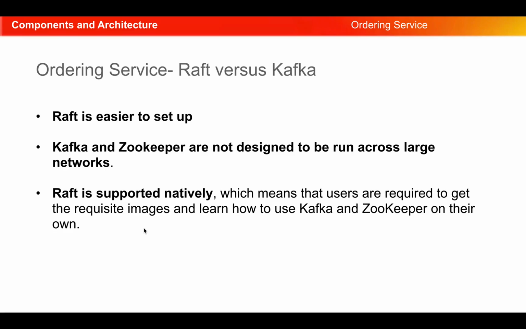You also get the image of that when you download the Hyperledger Fabric supported images. So if you want to set up Kafka and Zookeeper, you have to learn it on your own. It doesn't come with the images from 2.0 because it is going to be deprecated. Solo and Kafka are going to be deprecated from version 2.0. That is why it is recommended to go with Raft.